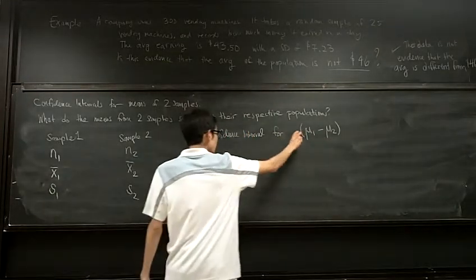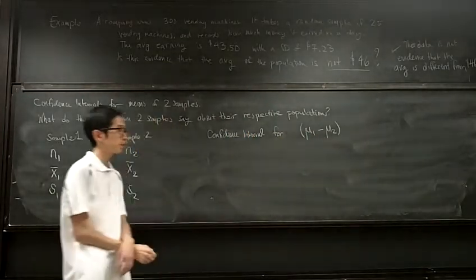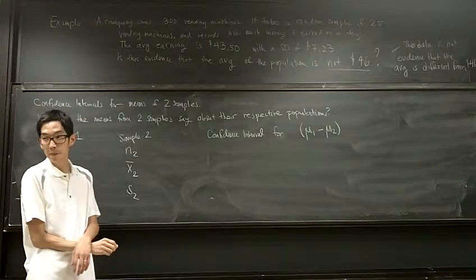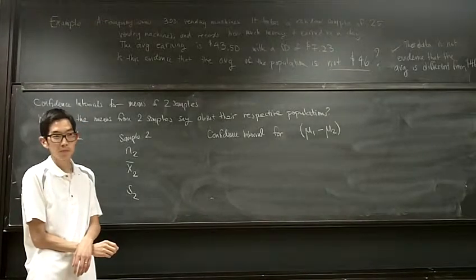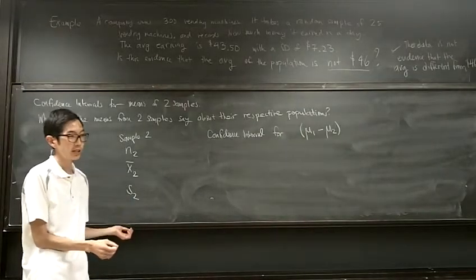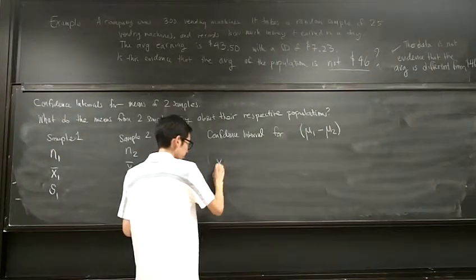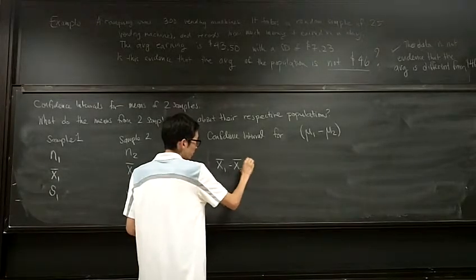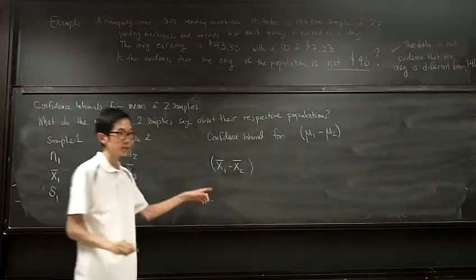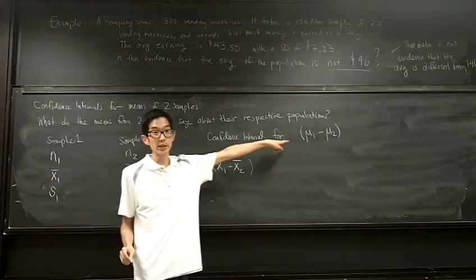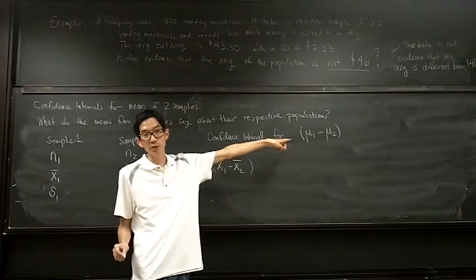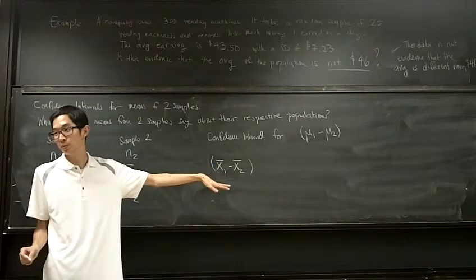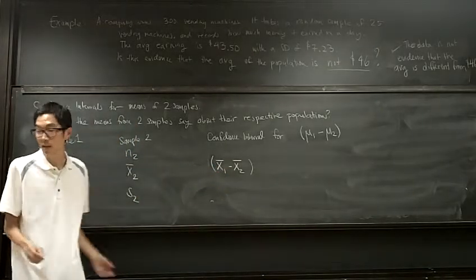So what is our estimate of the difference between the means of the populations, based on our sample data? X bar 1 minus X bar 2, right? This would serve as an estimate of the true value. We don't have the true value mu, so we're just going to plug in the means from our samples to estimate it.